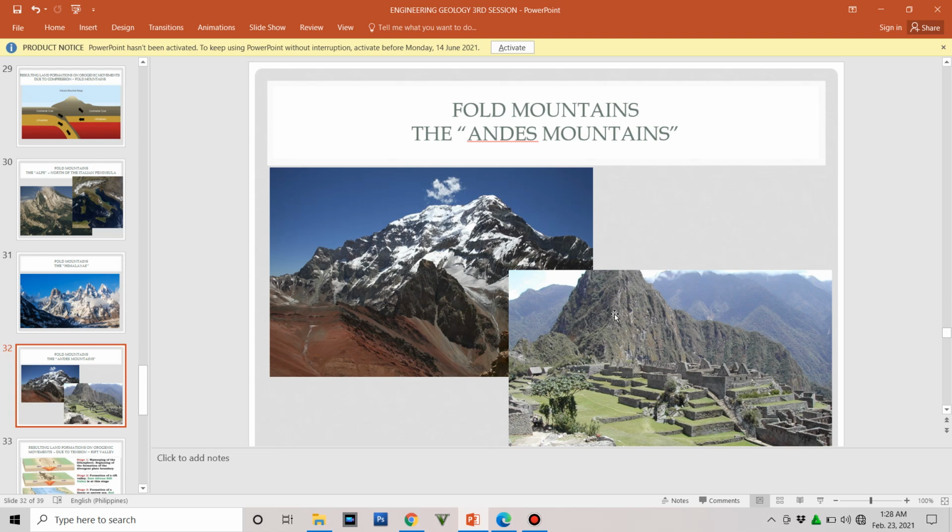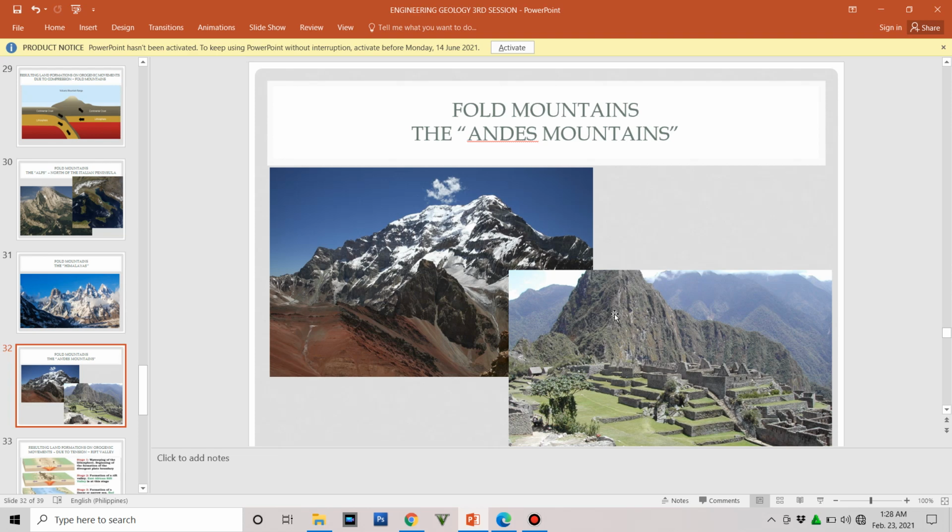So the Andes mountain range is about 7,242 kilometers long. So napakahaba. So the mountain range spans 7 countries: Venezuela, Colombia, Ecuador, Peru, Bolivia, Chile, and Argentina.